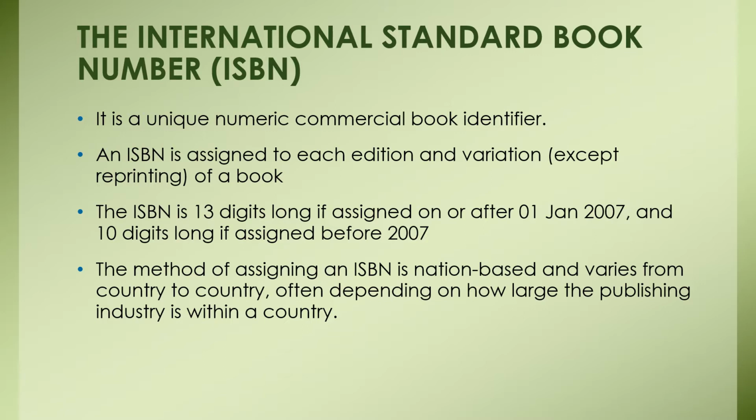It would be an ISBN 13 if it is assigned on or after January 1st, 2007, and it would be 10 digits long if assigned before 2007. This method of assigning an ISBN is nation-based and varies from country to country, often depending on how large the publication industry is within a country.